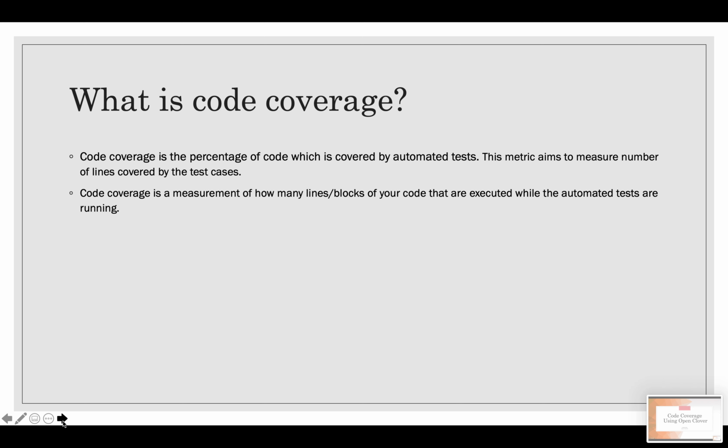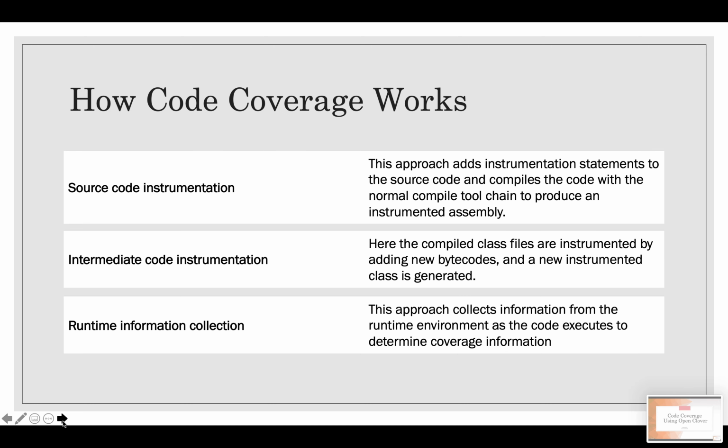Code coverage is a measurement. This is the second definition, how you can look at it. Code coverage is a measurement of how many lines or blocks of your code are executed while the automated tests are running.